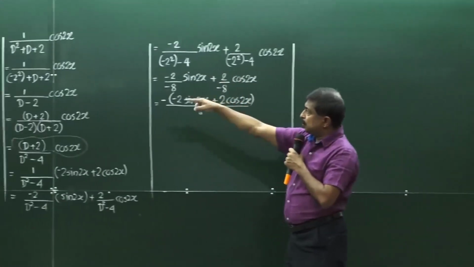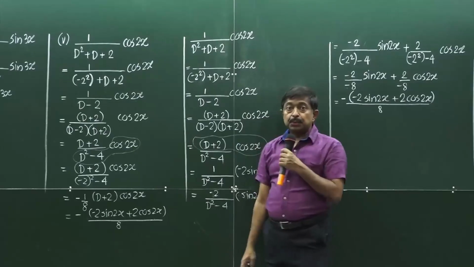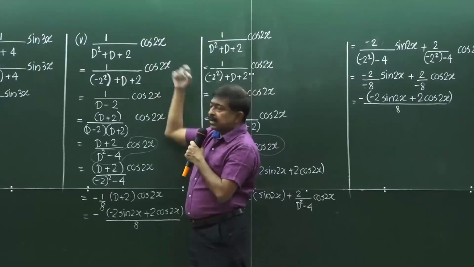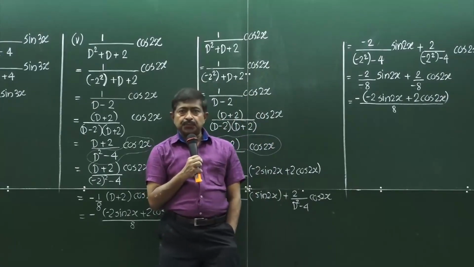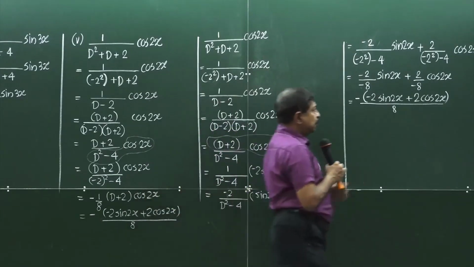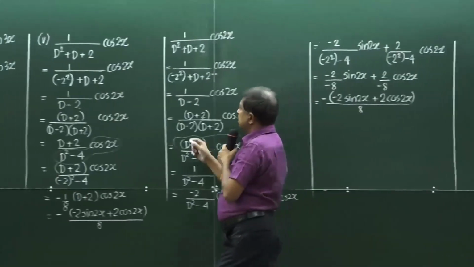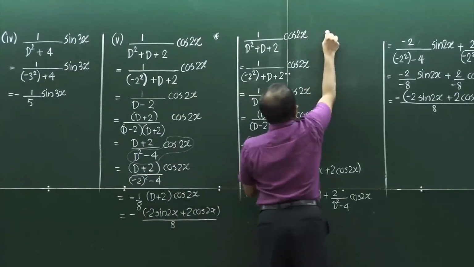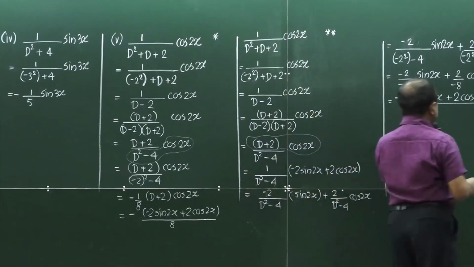This is the first. This is the second. Now I'm going to come up with the third method. Now look, you have cos 2x here. You can use Euler form to write cos 2x in exponential form. How do you do that? Let me put a star here, like this is the first method, this is the second method.